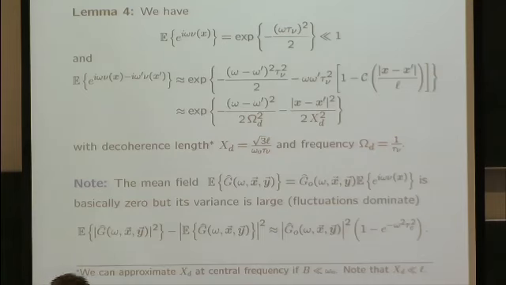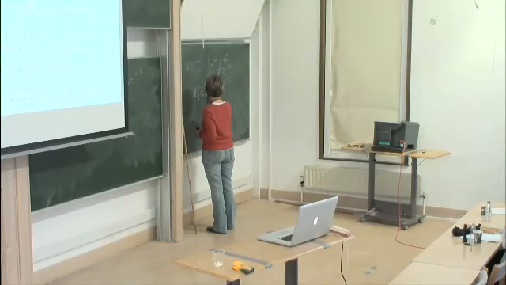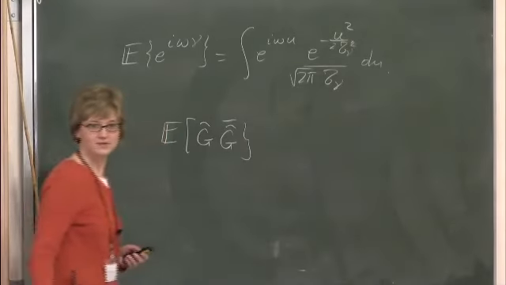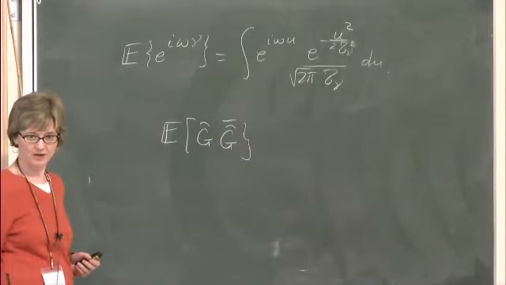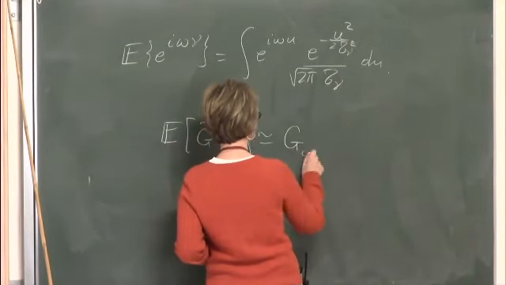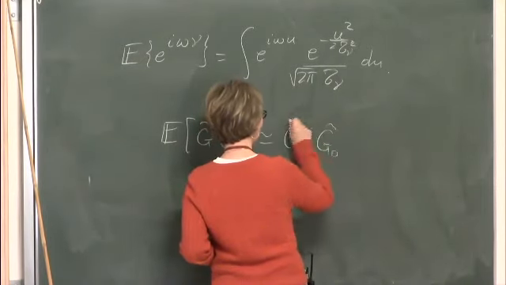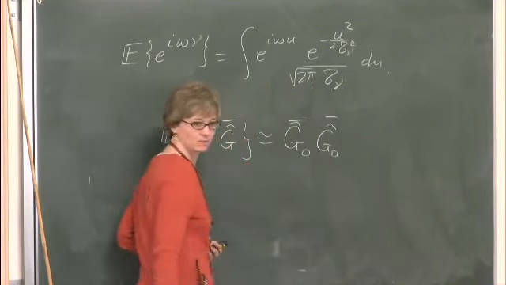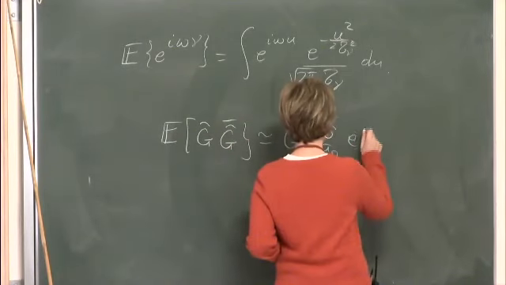So this formula is actually quite an amazing formula, because it turns out that you can derive this formula using all kinds of models. So what this formula says is the following, that if you look at moments of this form, so G times G conjugate, what you get is what you would get in the homogeneous medium. And then you have this decay.